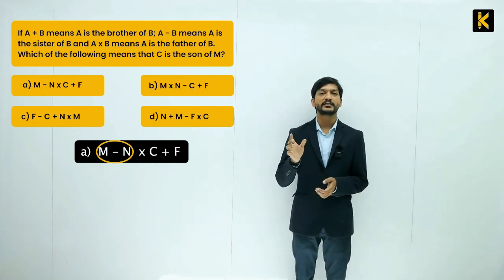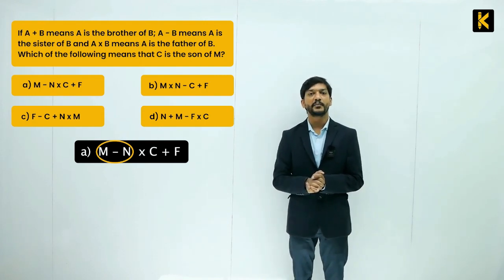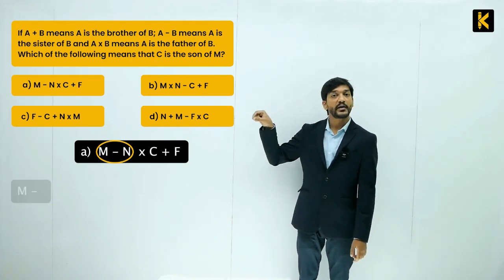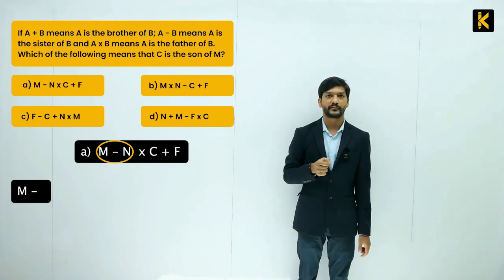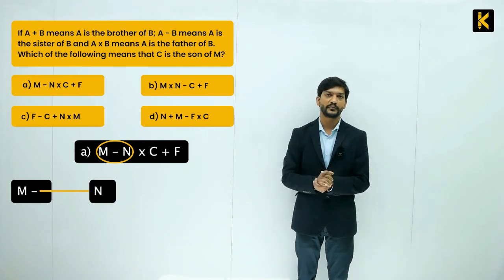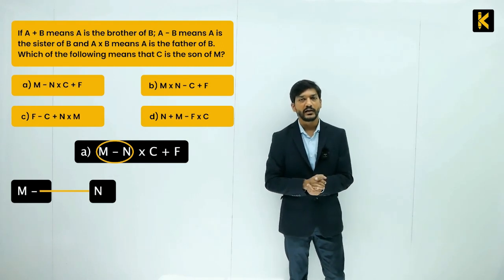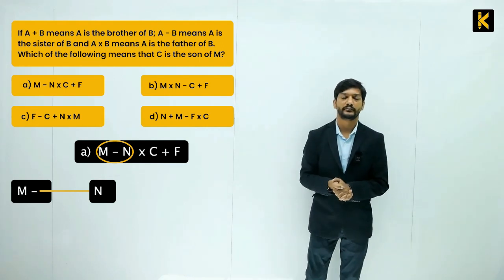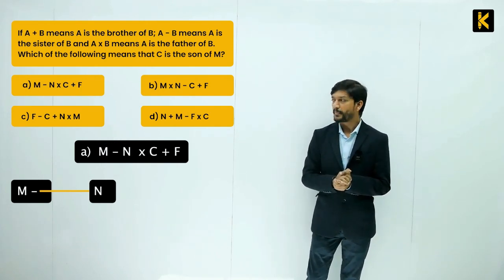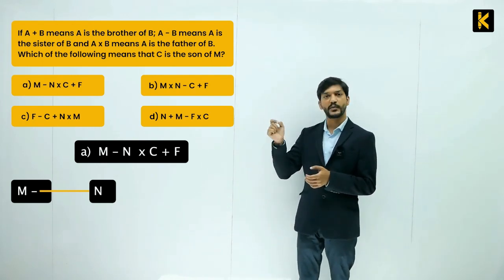A minus B means A is the sister of B. So M minus N means M is the sister of N. M is the sister, so minus sign. Sister is a direct relation, so a single line and the same generation. M and N belong to the same generation. Now what is the gender of N? Till now I don't know. Now take the next part of option A.